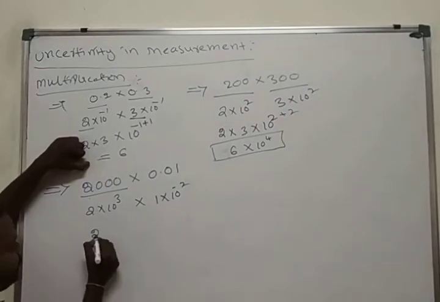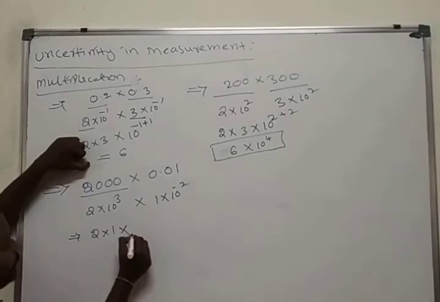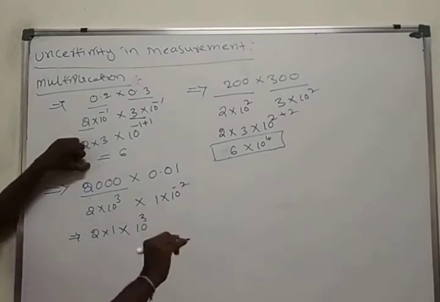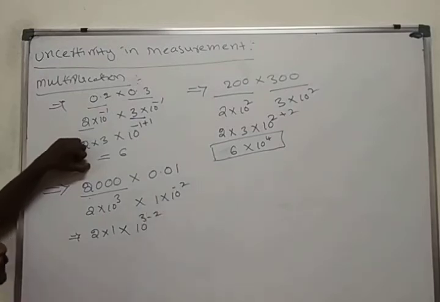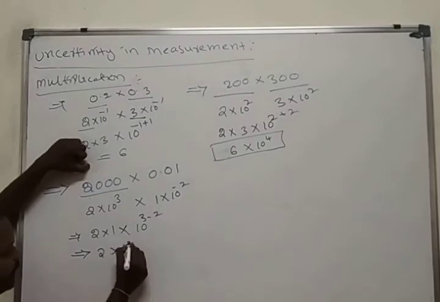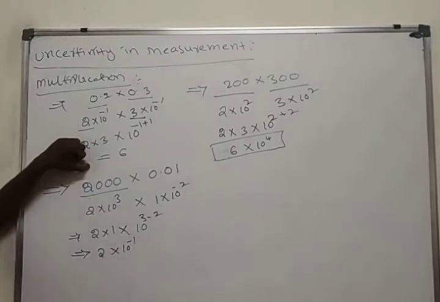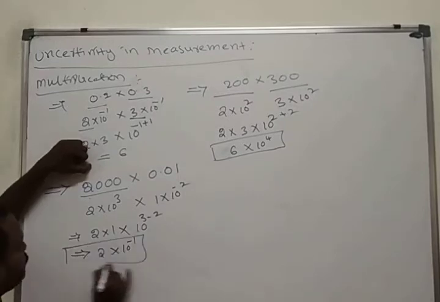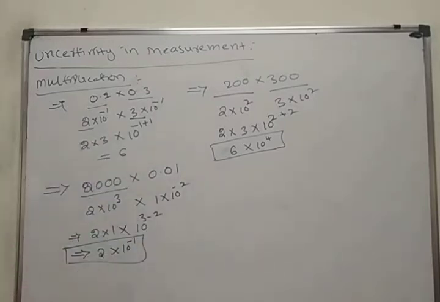Here 2 into 1, 2, base only 10, and 3 plus minus 2 means 1. So you get 2 into 10 to the power of 1. This is the value of this one.